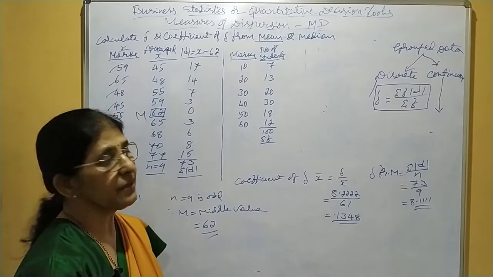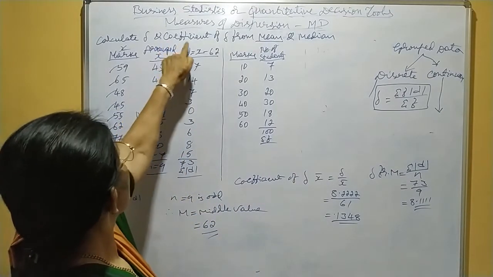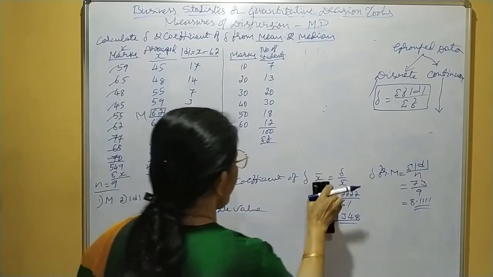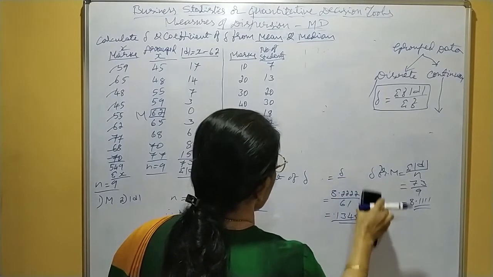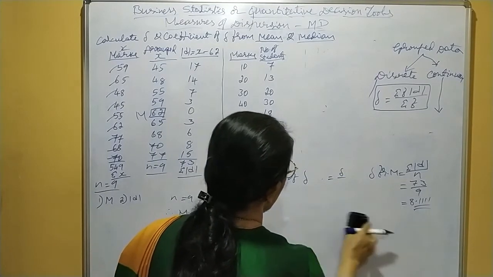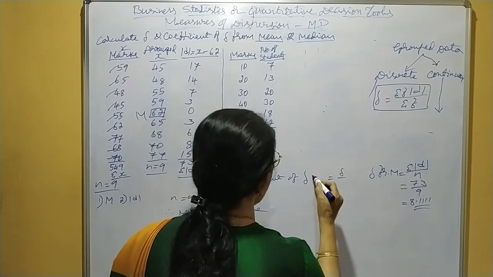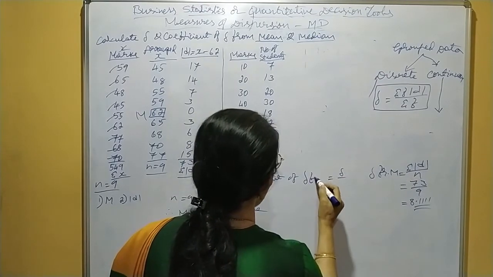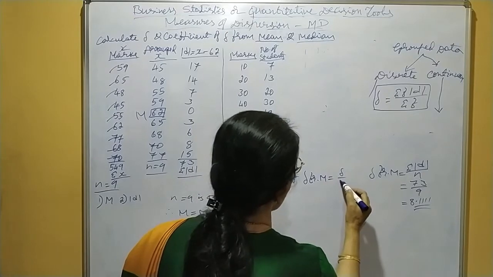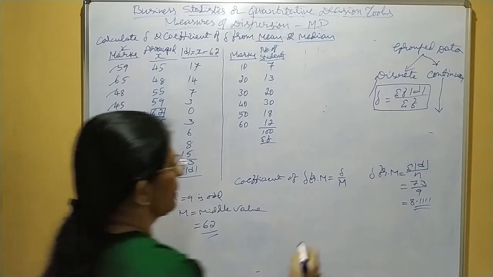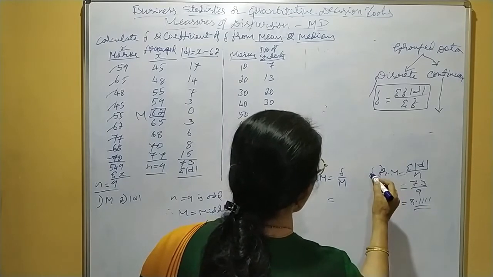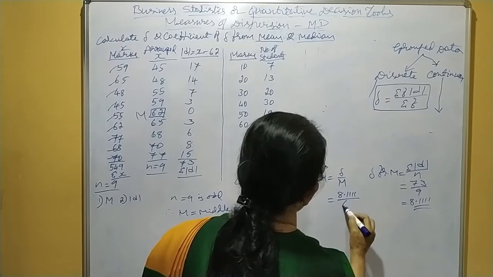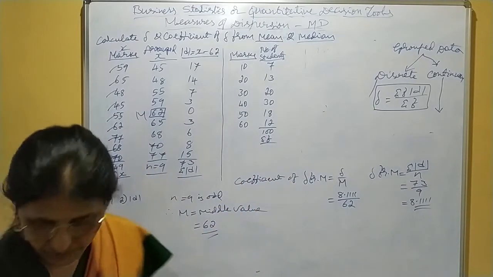Okay, that is mean deviation from median. Next we have to calculate coefficient of mean deviation from median. Okay, now formula is delta divided by m. Coefficient of mean deviation from median equals delta divided by m. Okay, because here delta refers to mean deviation from median, that is 8.111 divided by median is how much? 62.